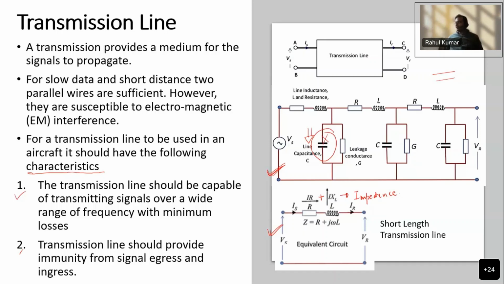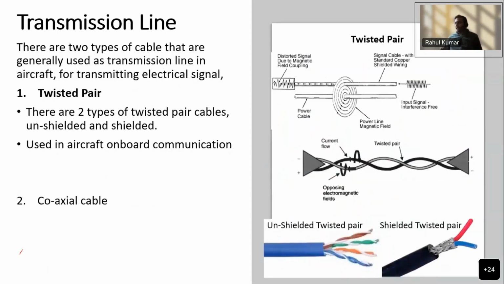Egress and ingress. Ingress means from outside. Any signal should not affect my signal which is being carried by the transmission line, and whatever signal is being carried should also not leak out or get lost. So these are the two requirements or characteristics of your transmission line.